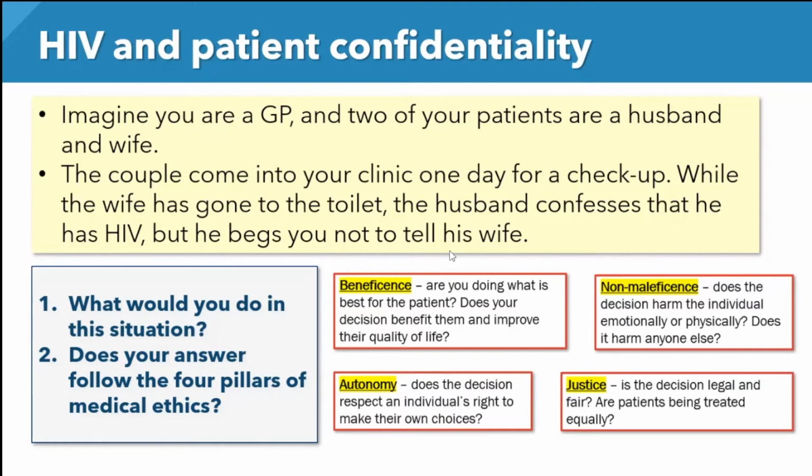There are probably many couples for which this is the case, and therefore, if doctors as a whole keep this a secret, there could be a large societal impact whereby HIV is spreading more, and obviously that has a large impact overall on the health of the country. So yeah, I absolutely agree with you, and I think that this issue does allow all four of these pillars to be debated really. So yeah, thank you very much.